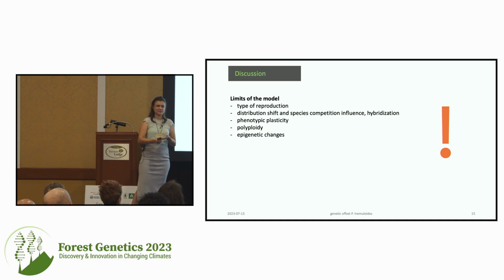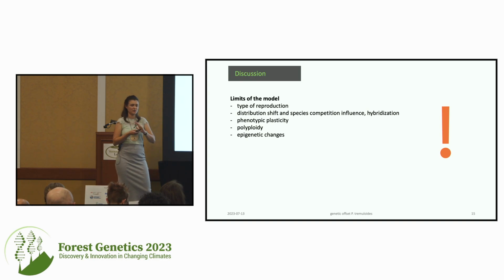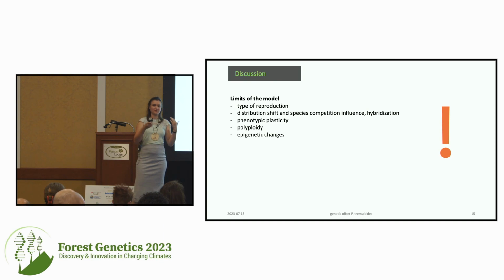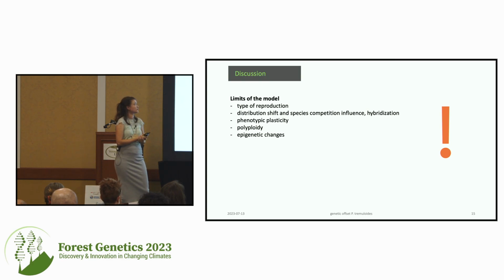So, but this method still has some limitations. I mean, we only take the environment and the genetic information, and what is not going into the model is the type of reproduction. Like we have clonal propagation in Mexico, and it's not accounting for this, as well as distribution shifts, species competition influence, or hybridization with other species.